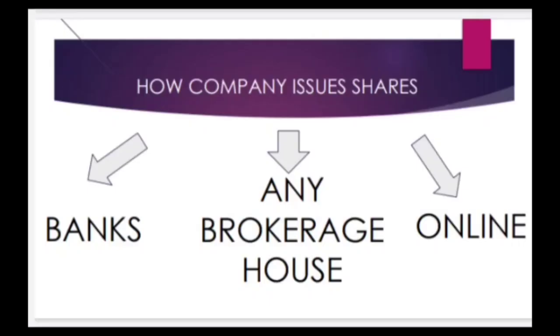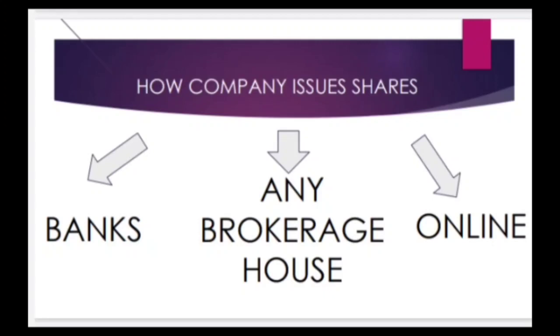Before moving towards the accounting of issuance of shares, we have to understand how the company issues the shares. It can be by 3 modes. Number 1, it can be issued with the help of a bank: the bank may announce that it is selling the shares of a company, and the customer can approach the bank to buy the shares.